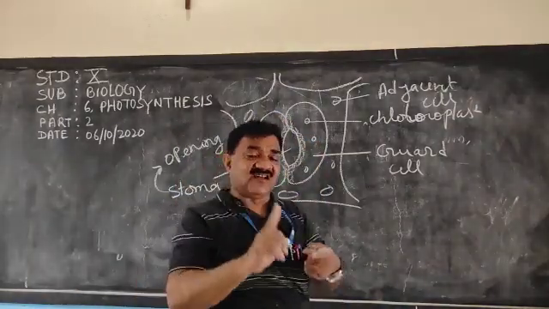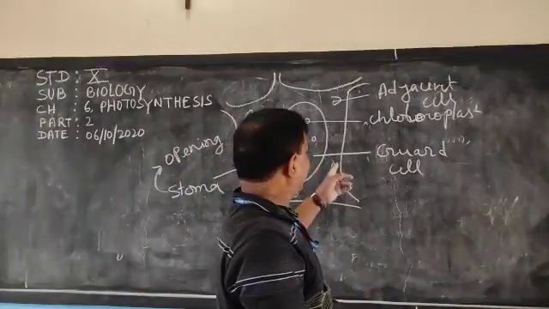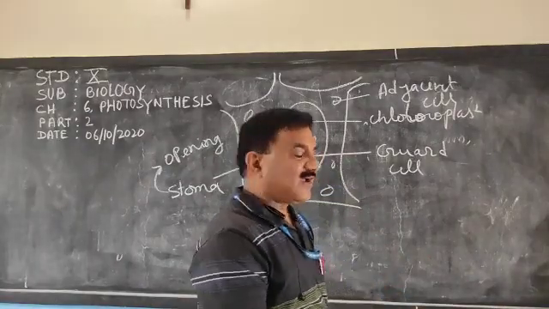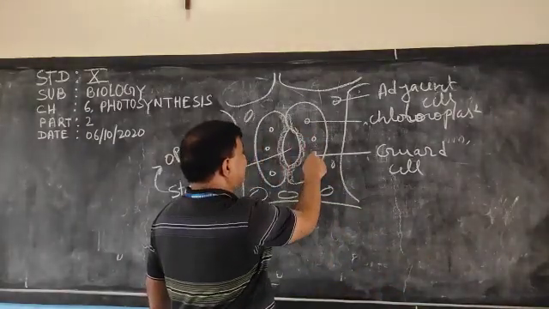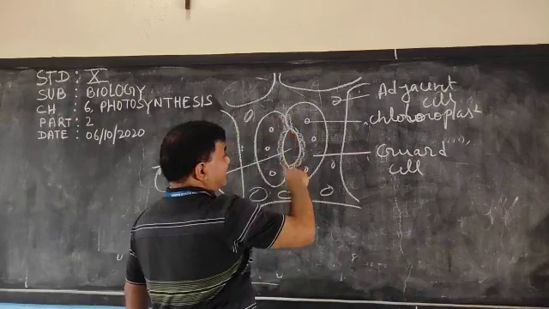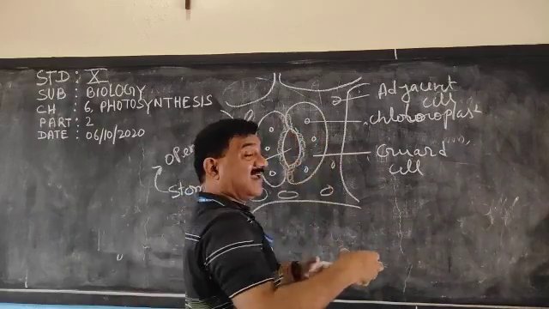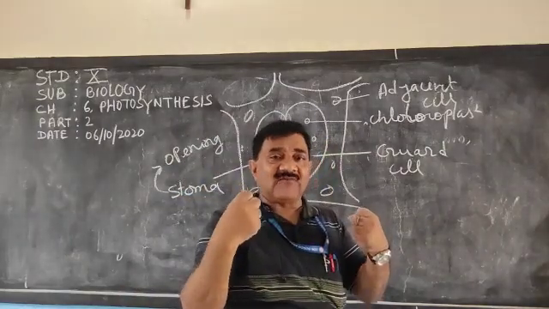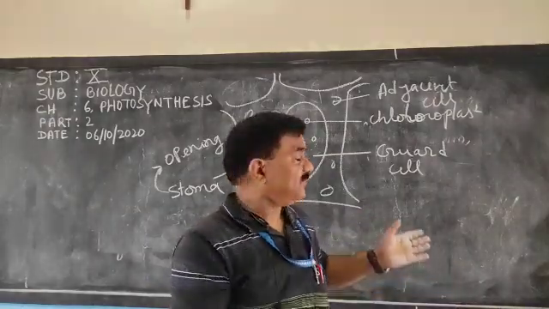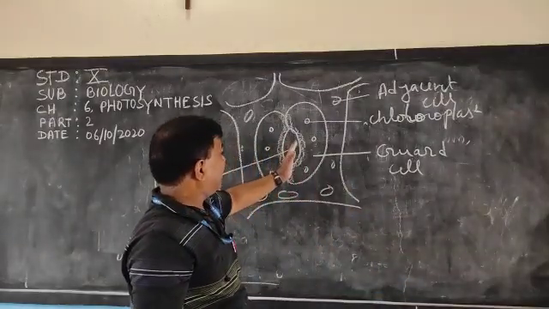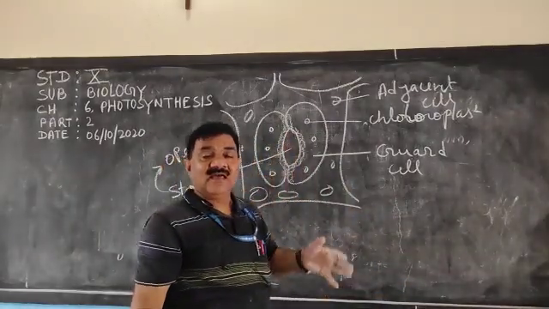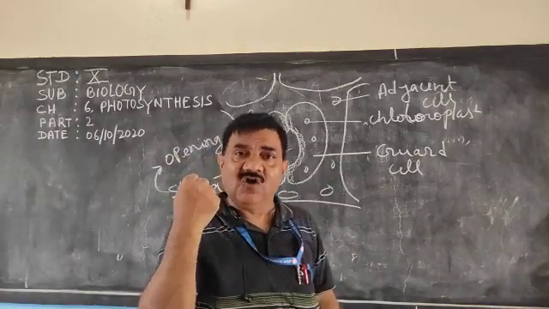If the guard cell is turgid, what will happen? The stomata will open. Because if it becomes turgid, then the inner wall which is thick and the outer wall which is thin, the outer wall will bulge outside and less bulging will be there in the inner wall. As a result, this stoma will open.